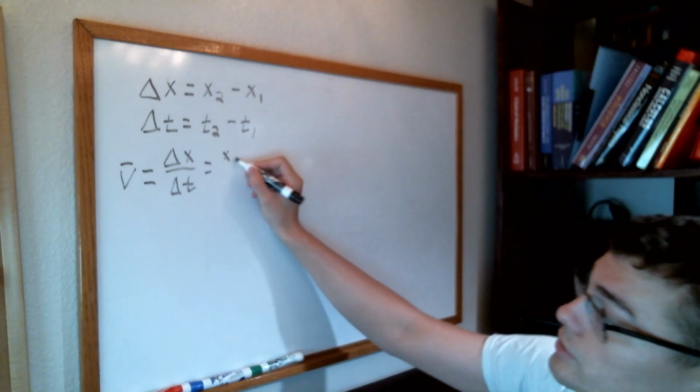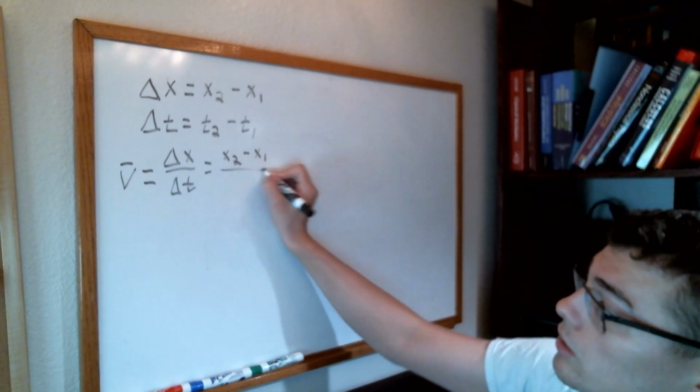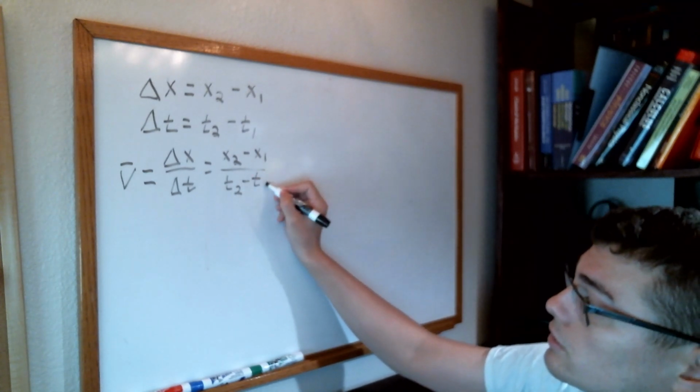This is equal to x2 minus x1 all over t2 minus t1.